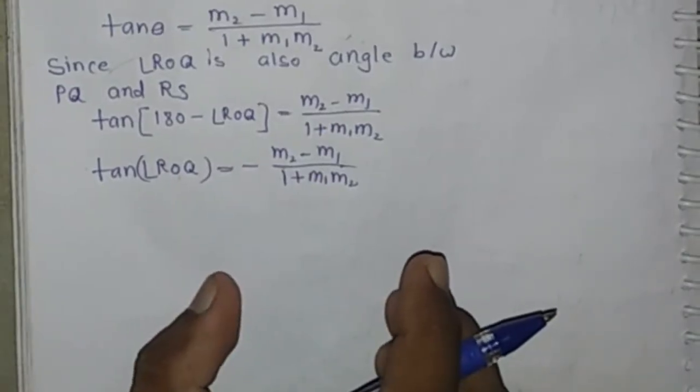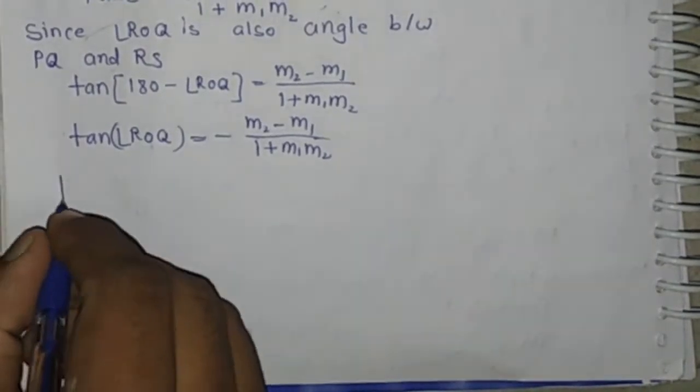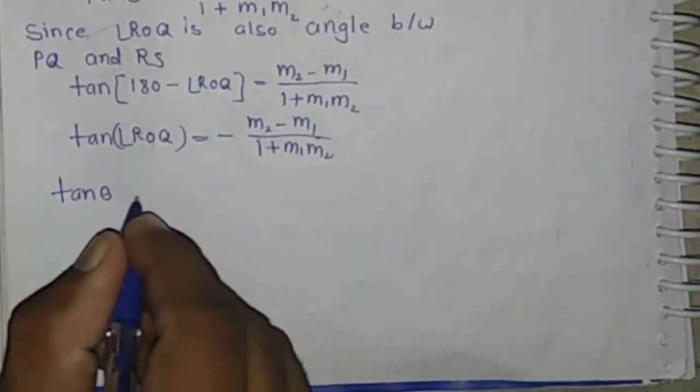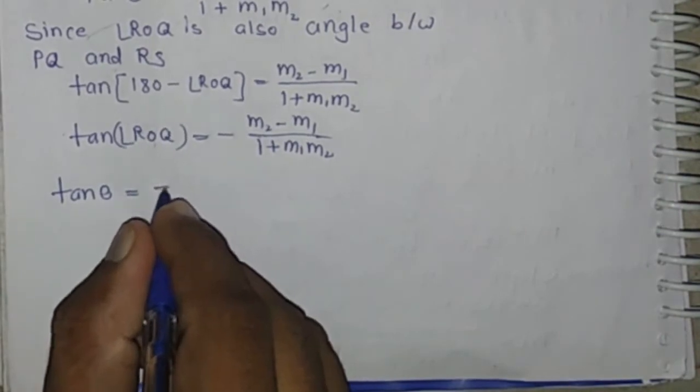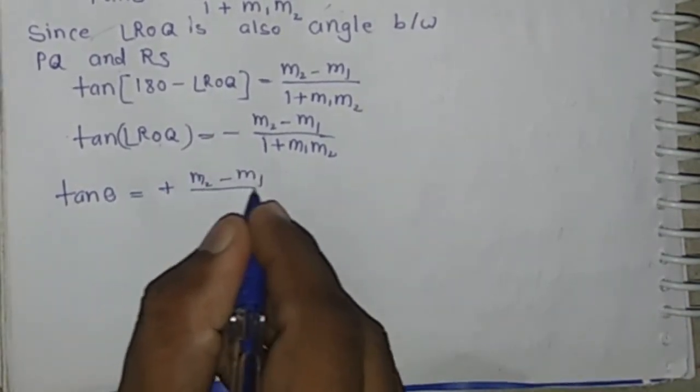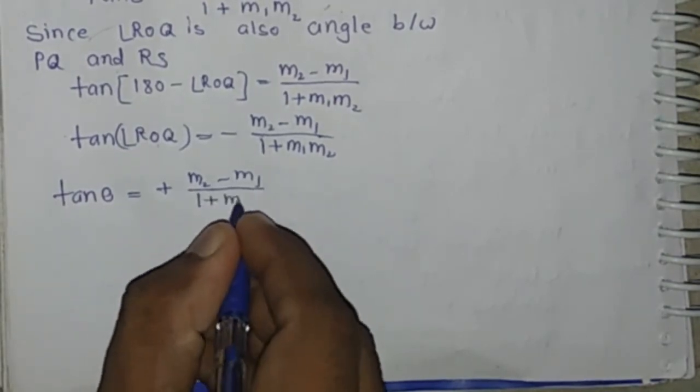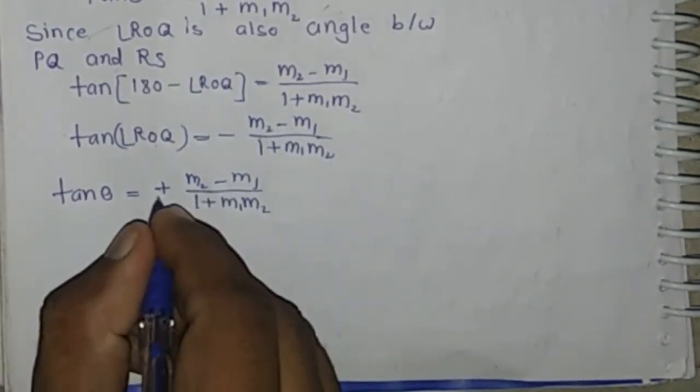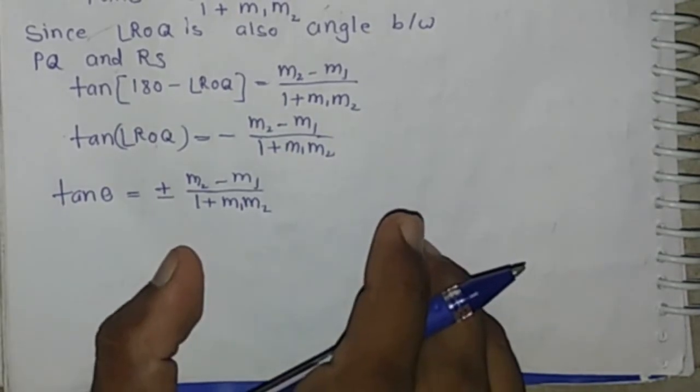It means the angle between two lines is either plus M2 minus M1 by 1 plus M1 M2 or minus M2 minus M1 upon 1 plus M1 M2.